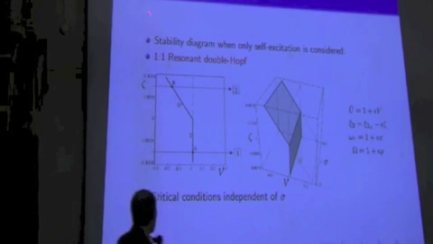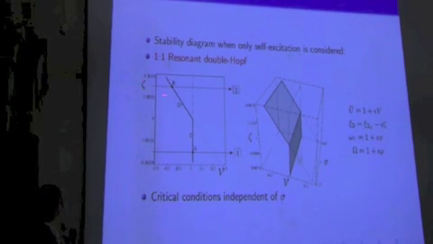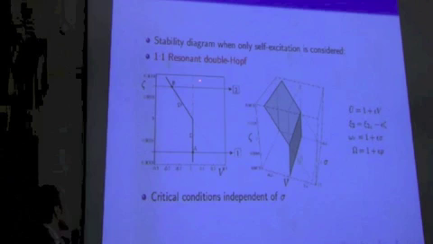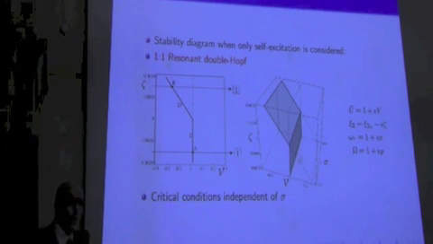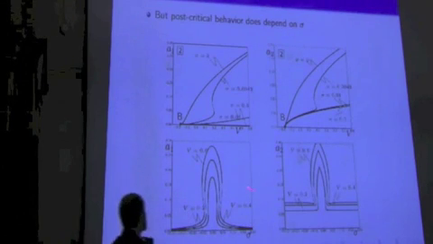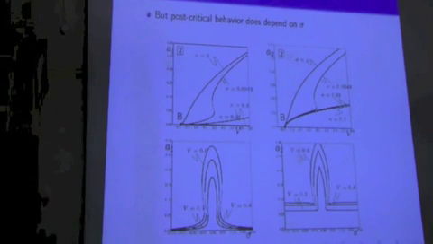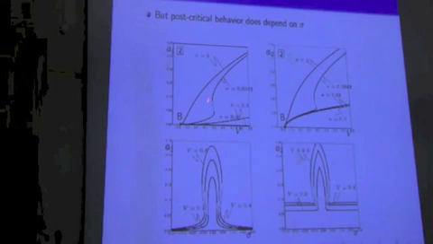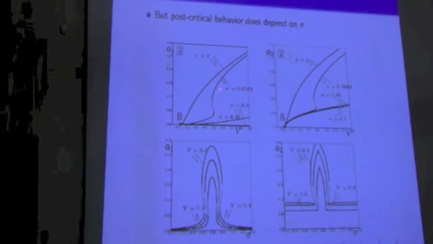But if we follow a path here, for example this one, and we see what happens in terms of post-critical behavior, we can see a strong dependence on the internal detuning. The bifurcation points remain in the same place, but the post-critical behavior in terms of steady solution changes when we change the internal detuning. In particular, when we are in perfect internal resonance conditions, both the amplitudes are involved.